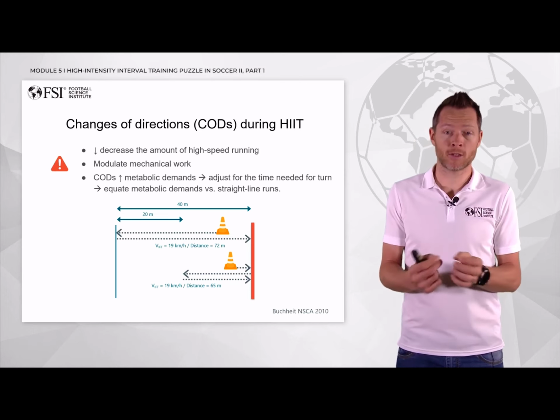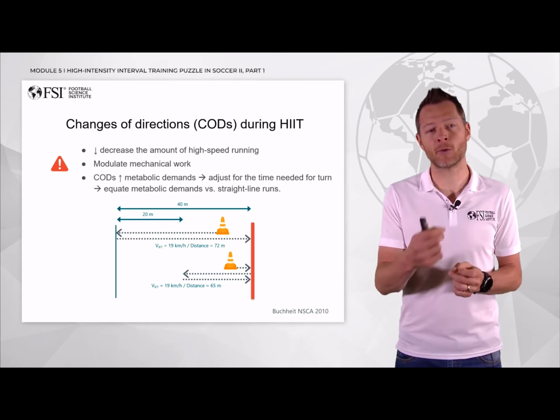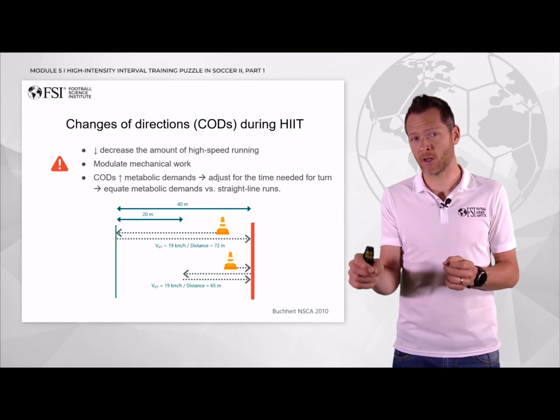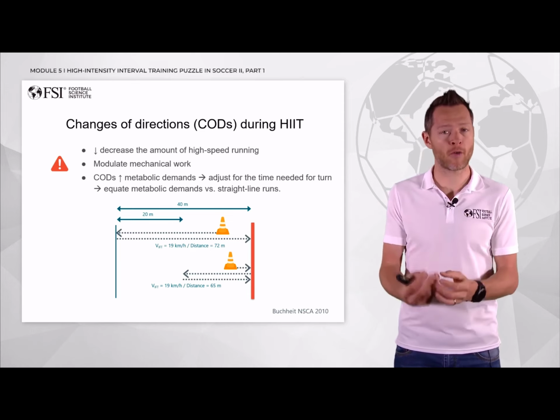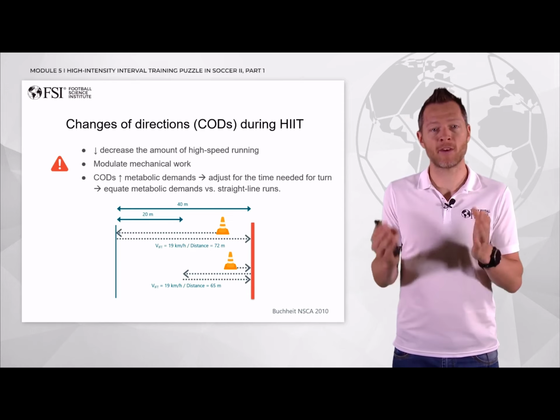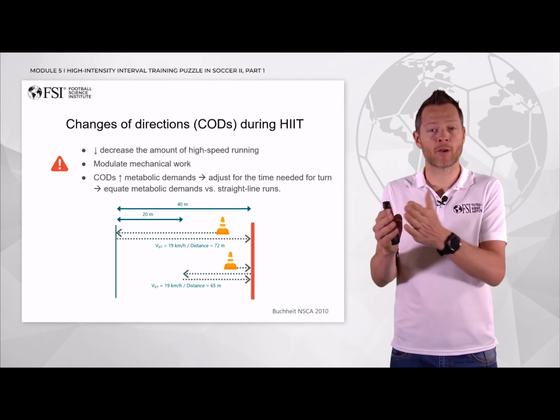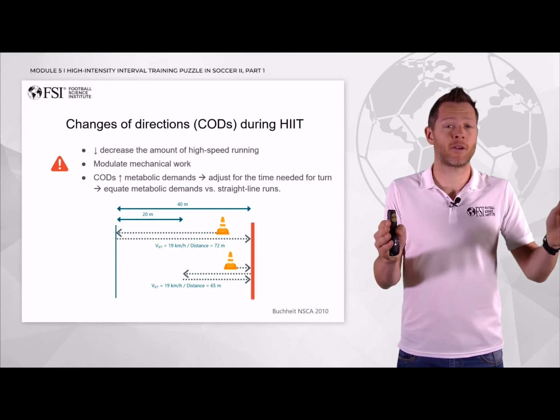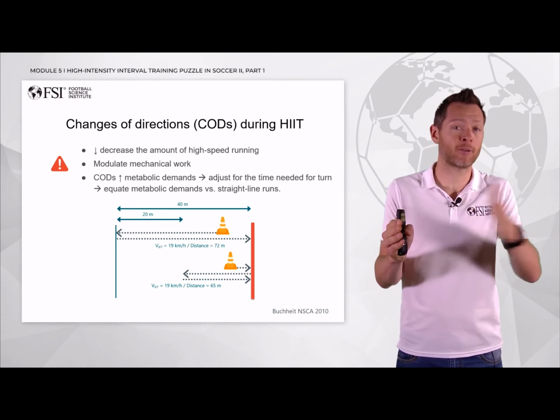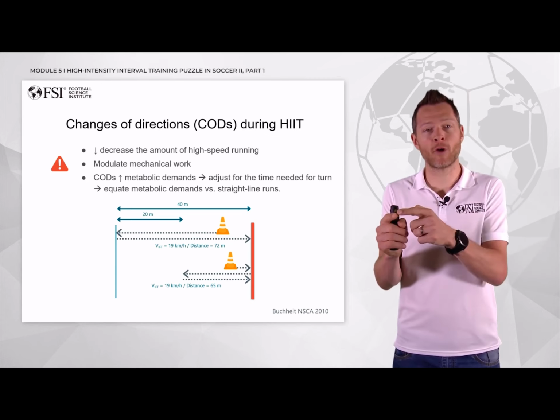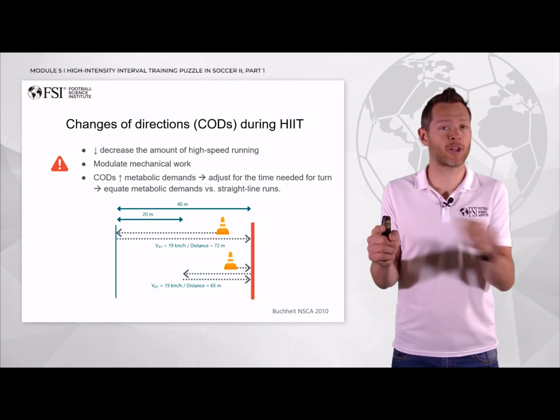But then, because of the energy requirement of the changes of direction, we cannot ask players to perform the same distance. Like if a player, based on his 30-15 results, is required to run 80 meters during a straight line run, we cannot ask him to run 80 meters over different shuttles.